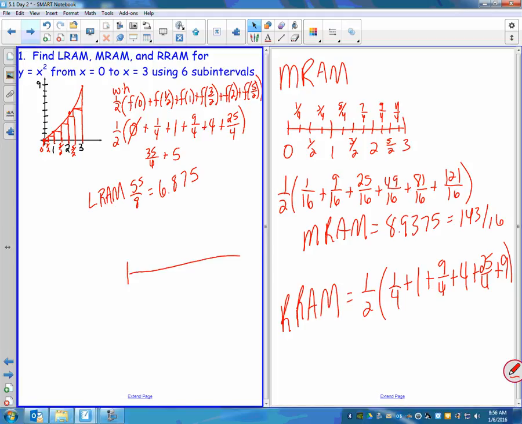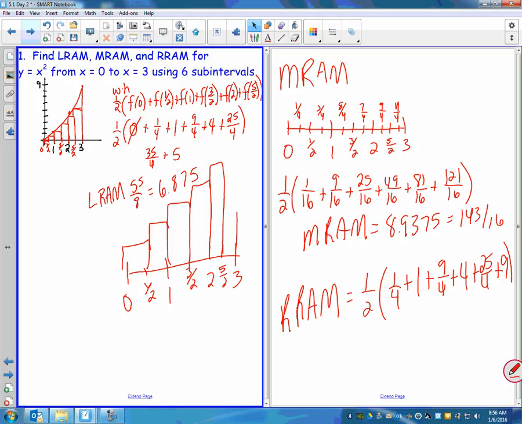On RRAM, now your first rectangle starting at 1/2. Right, but at 1/2 there is a y value, right?